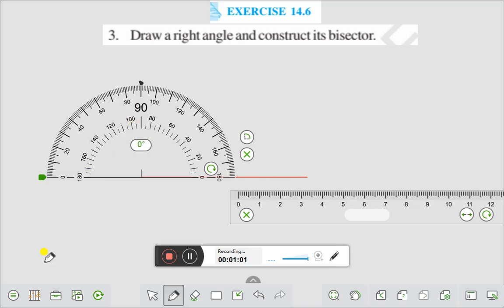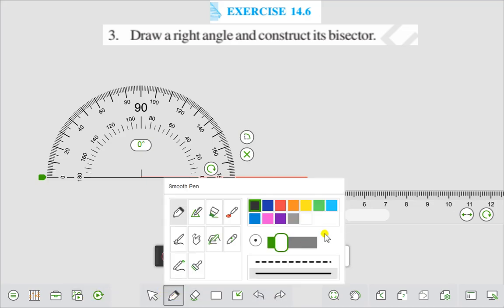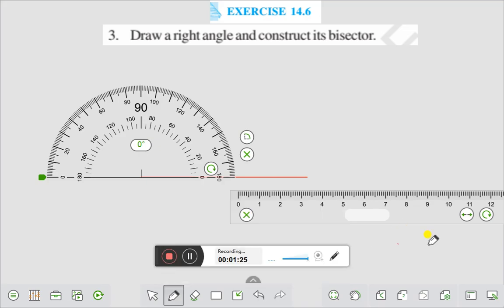This is 90-degree. Let us take another point, that is, let us take this point here, it is 90-degree.